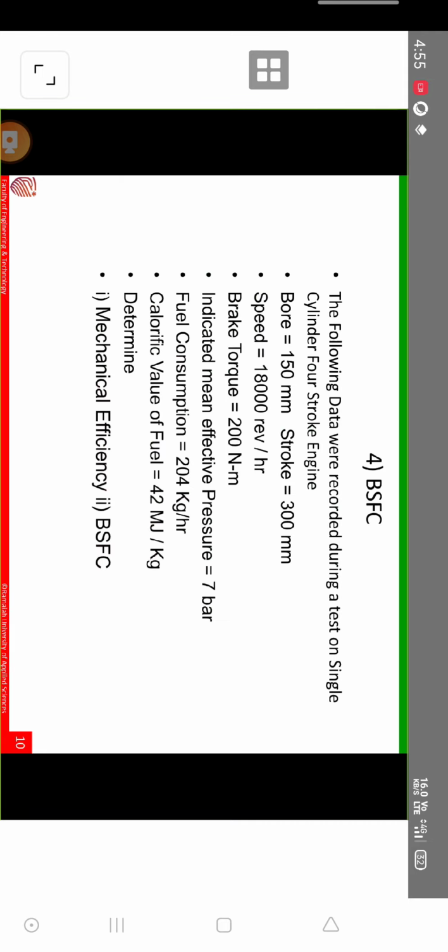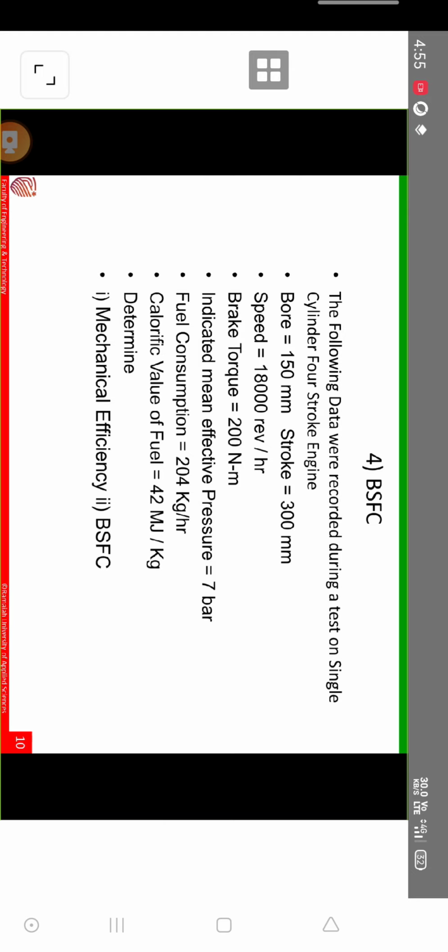One more thing they have asked you to calculate is BSFC, that is brake specific fuel consumption. In order to calculate brake specific fuel consumption, you need the value of fuel consumption. That is given in the problem itself as 204 kg per hour.